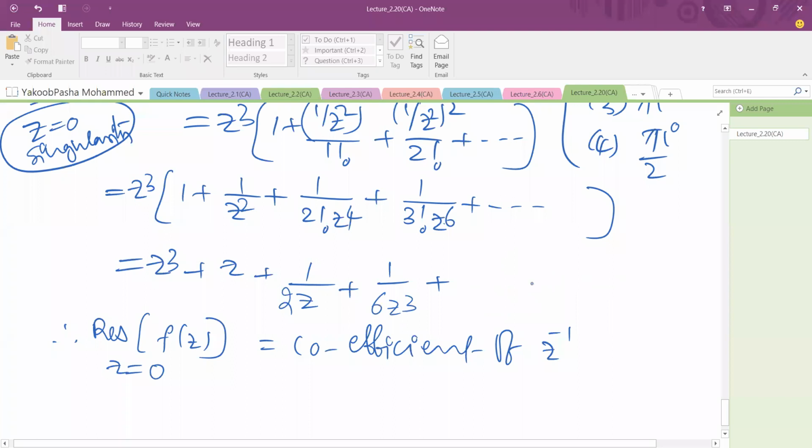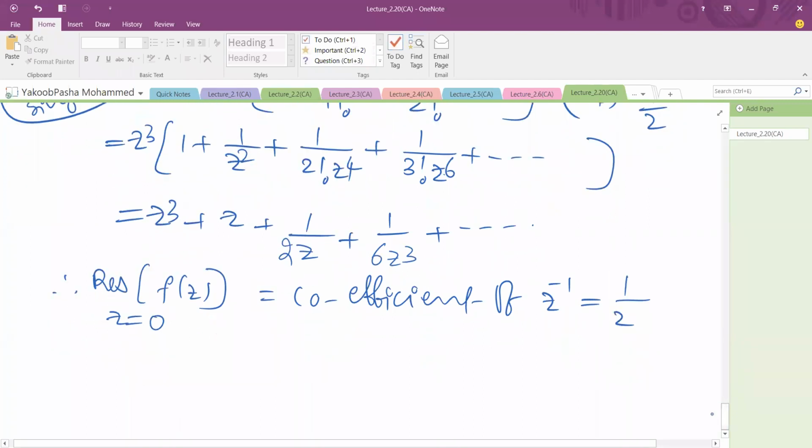So the residue of f of z, the z power minus 1 coefficient, is 1 by 2. Whenever it is 1 by 2, so 2 pi I into 1 by 2.